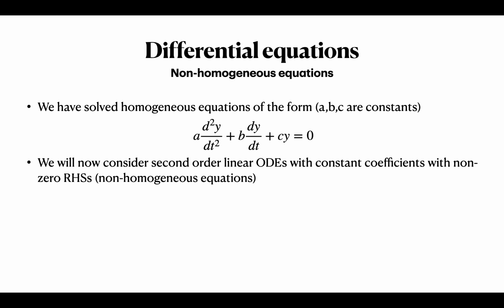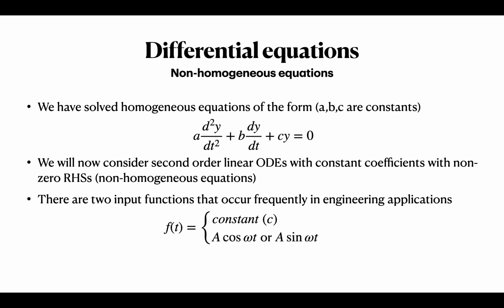Okay, so what are we going to do? We're now going to consider these types of differential equations, except on the right hand side we're not going to have zero anymore. We're going to have something that's not zero, and in engineering there are two types of non-zero right-hand sides that you might be interested in. There are what are called constant inputs. Remember that f of t is the input into an analog system.